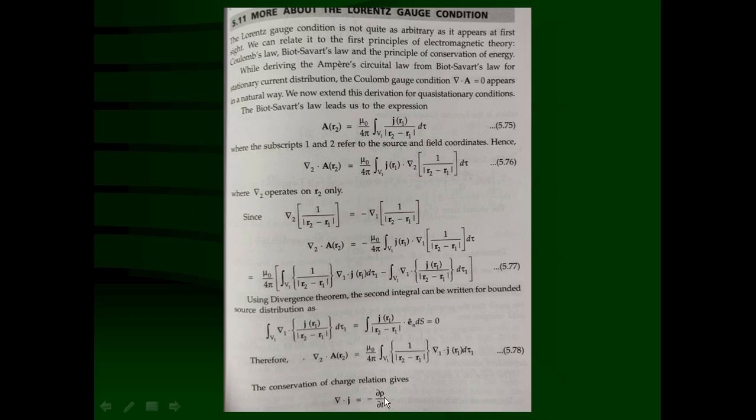density at different line elements, which is a function of position vector r1. So del 1 dot J(r1) can be replaced by minus del t of rho, which is a function of position vector r1.